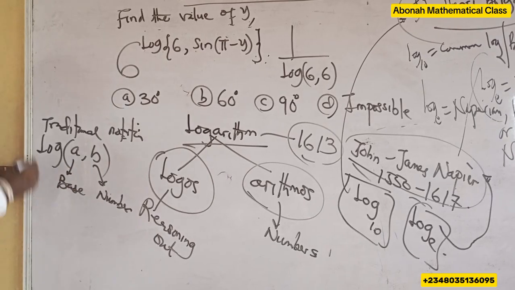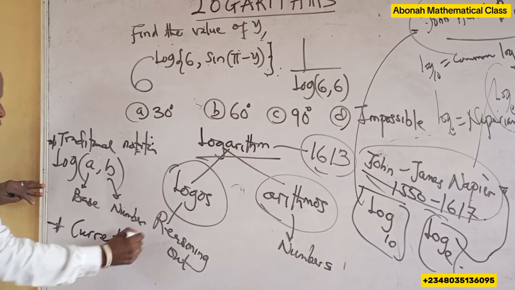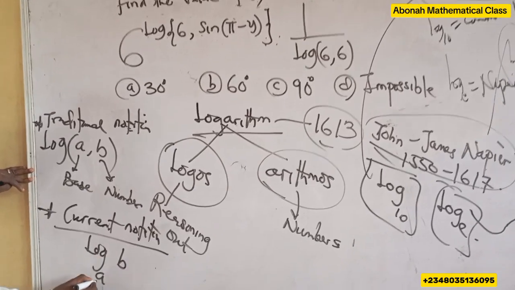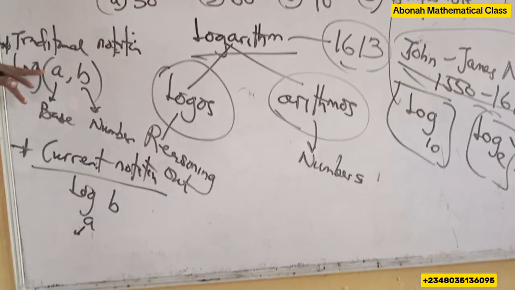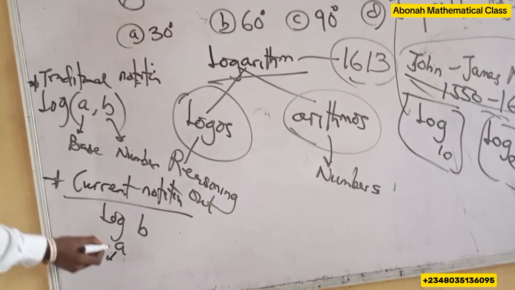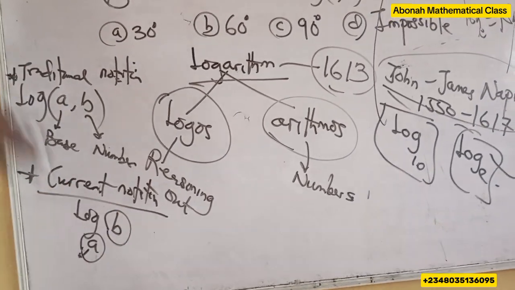After his death, another scientist came with the current notation of logarithm, which is the way we denote logarithm now, which is log in base a of b. My base here is a, my number here is b, and this is the way we write logarithm in this dispensation.